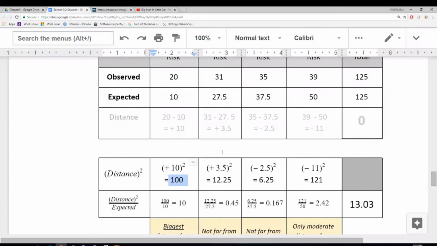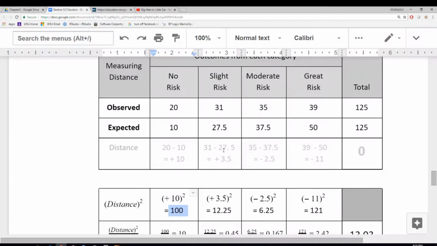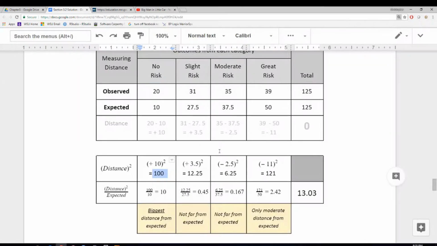For the second category, the slight risk group, for the slight risk group, I'm going to take 31 minus 27.5. I'm going to square that quantity. I get 12.25. And then I divide that quantity by 27.5, the expected for that particular category. When I do that, I get a very small value of 0.45.